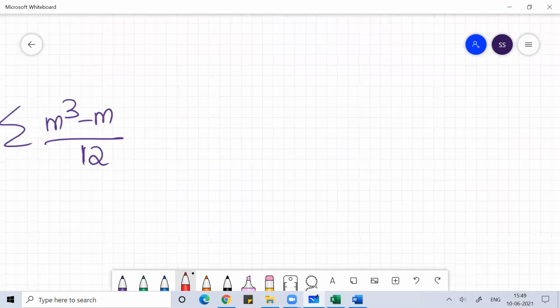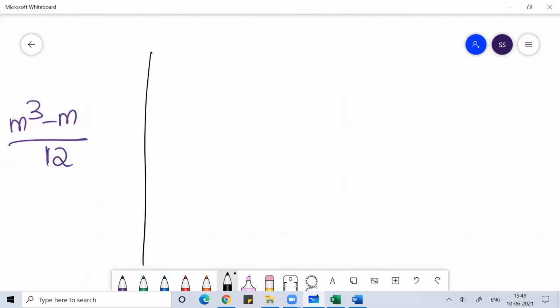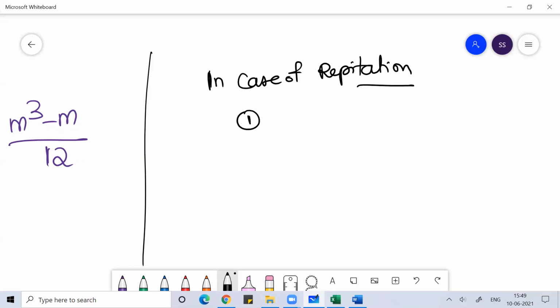Normally, in 99% of cases when you solve a question with repetition, I have not seen more than 3. The maximum a data is repeated is 2 times. If your data is repeated 2 times, then your m is equal to 2.